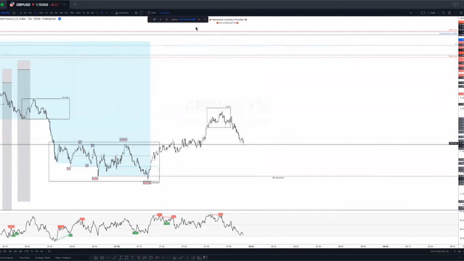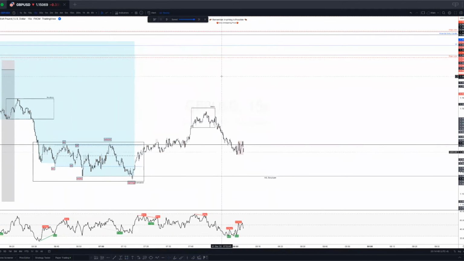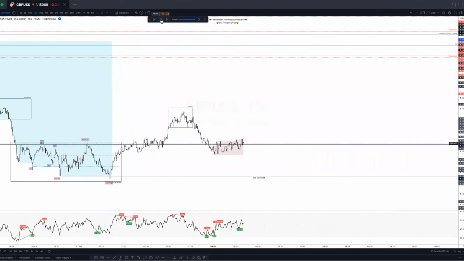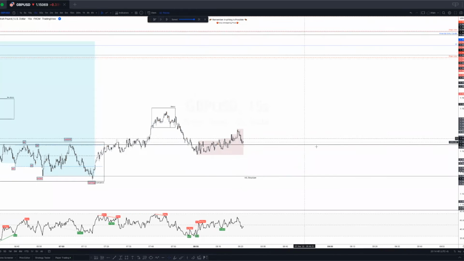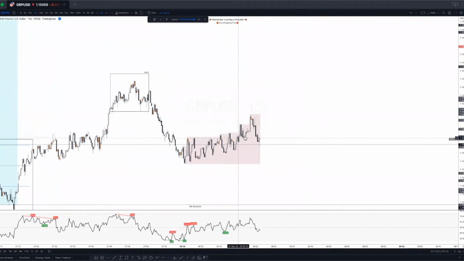But I want to wait till New York, which is right here. All right, yep, New York. So let's see what New York does. New York looks as though it is, man, going to redistribute. Why do I say that? I see nothing but a trend line.